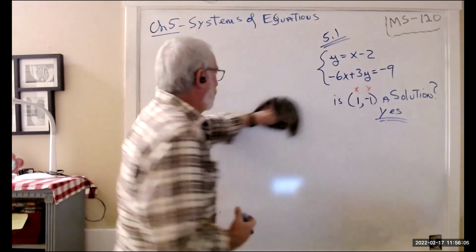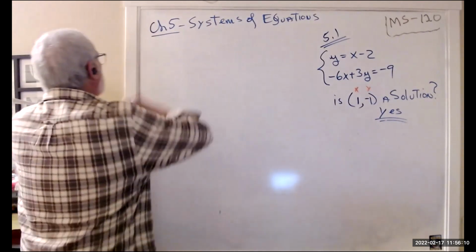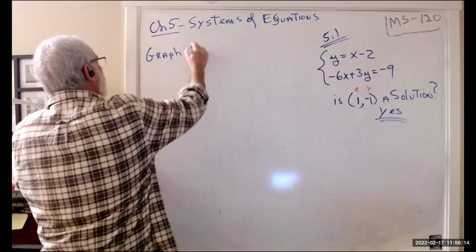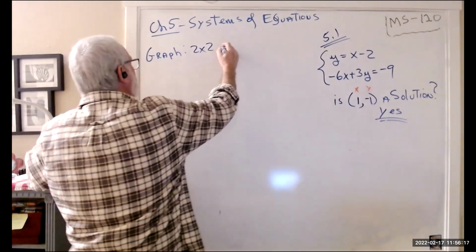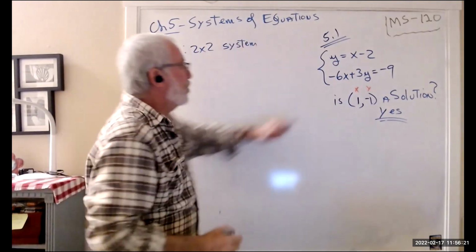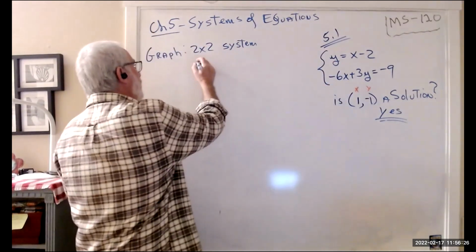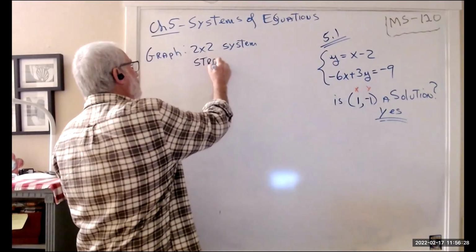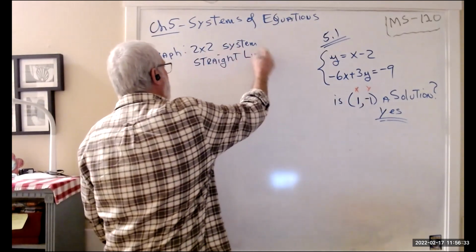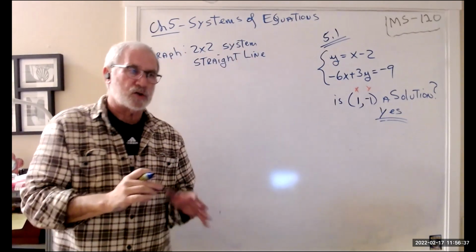So when we're graphing a 2x2 system, we already know that they're going to be straight lines. That's what we've been studying. There are three situations.